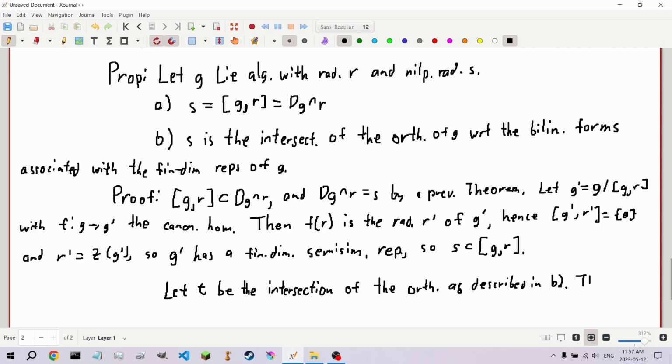We have that S is inside of T from our previous result.